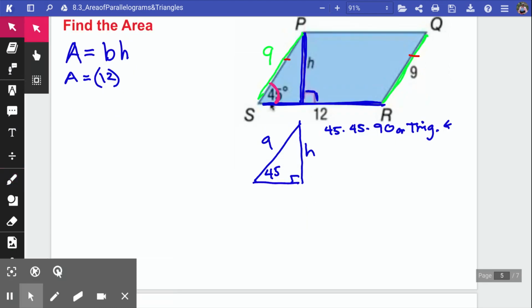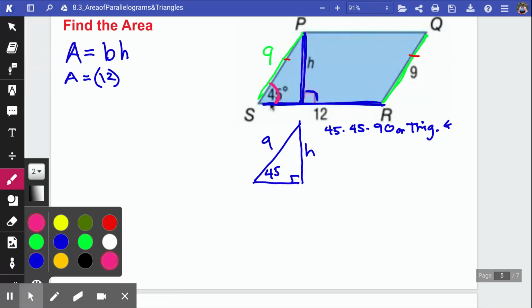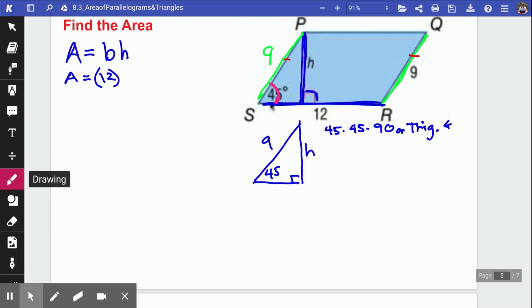If I'm going to use 45-45-90, then I know that this is 1, 1, square root of 2. So then I can set up my proportion. 9 to the square root of 2 is the same thing as h is to 1.